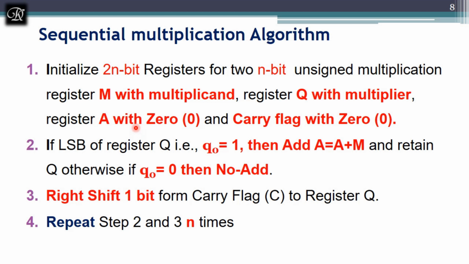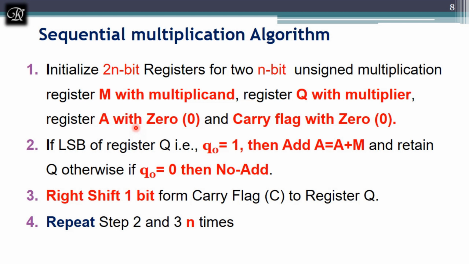We are going to set A's content initially to 0, because we did not start anything, so the initialization will be 0. And we need support from the carry flag, which is also set to 0. Initially there is no carry, so we set it to 0. This is a conditional code which we discussed in module number 1.